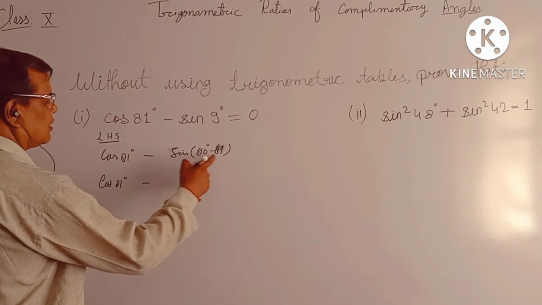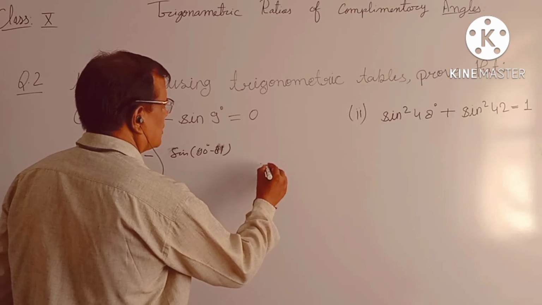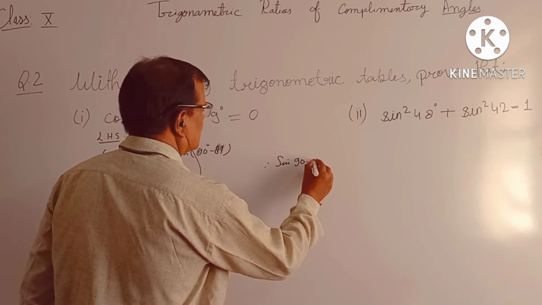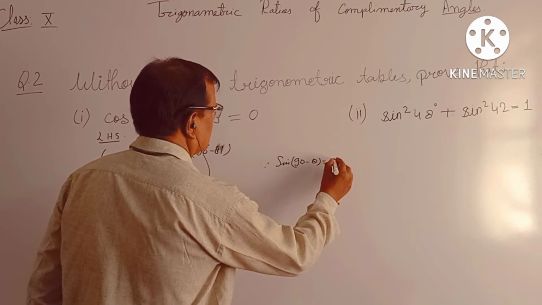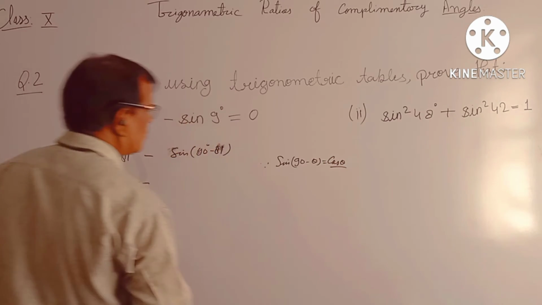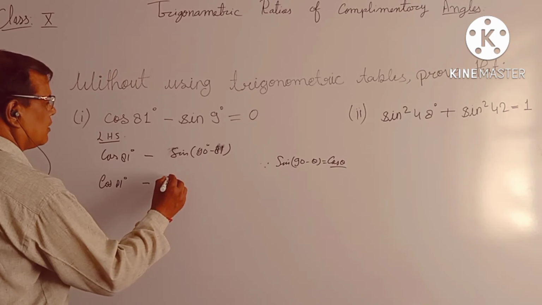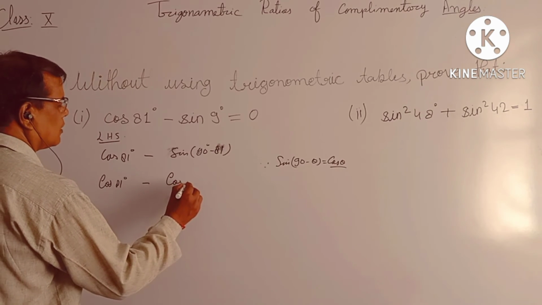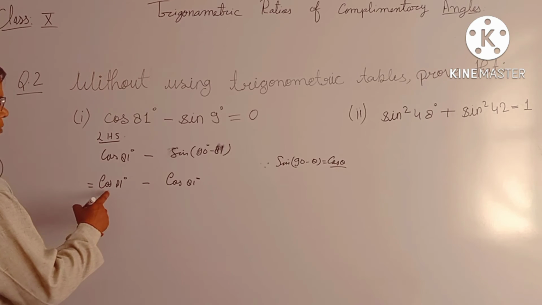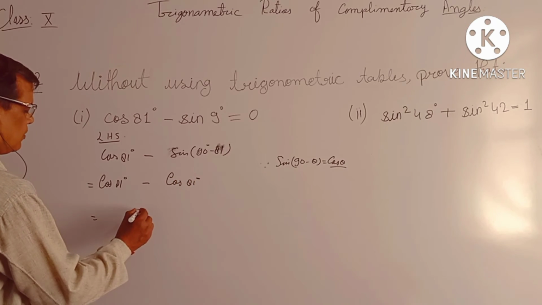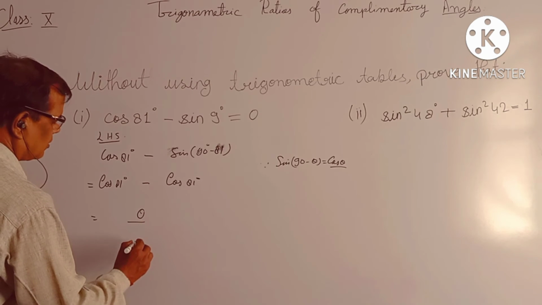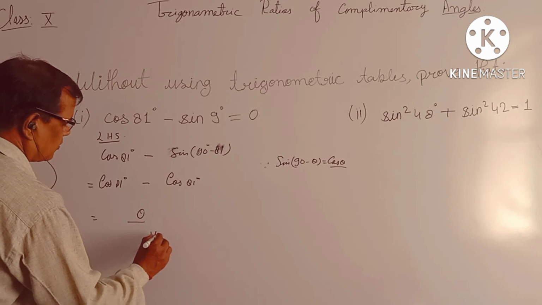Sin 90 minus theta equals cos theta, so we change the sign according to the rule. So we will write here cos 81 degree. Now we can subtract, same minus same, it will be 0. Thus we have proved, hence proved.